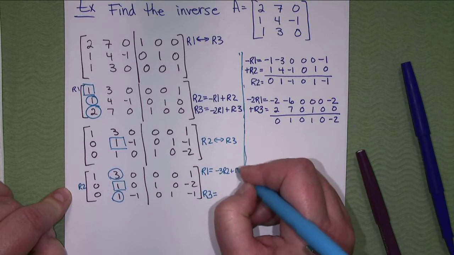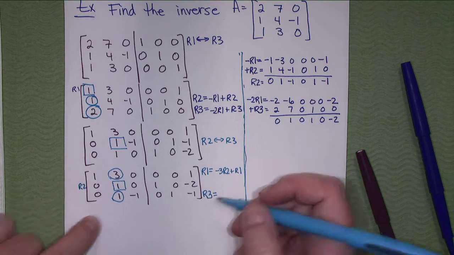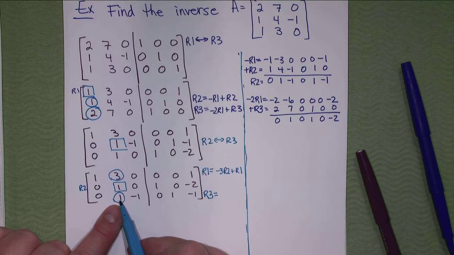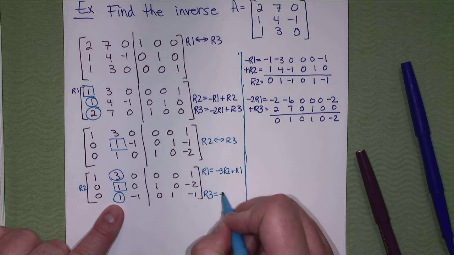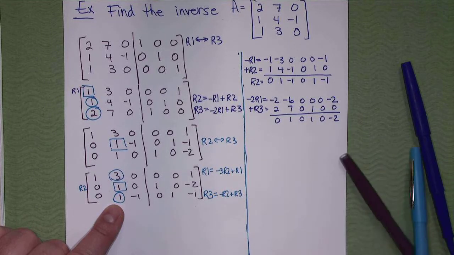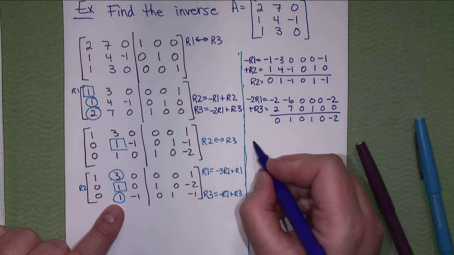And then what would be the step here? Yeah, this is a positive 1, so we need the pivot to be the opposite sign, -1 times row 2 plus row 3. So we'll do those steps off to the side. -3 row 2. Let me do that one here.